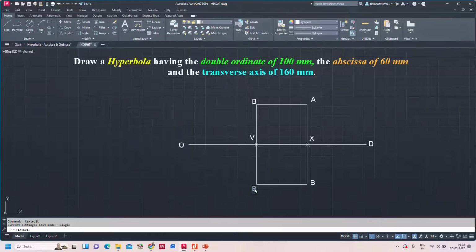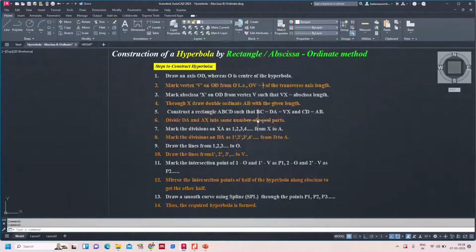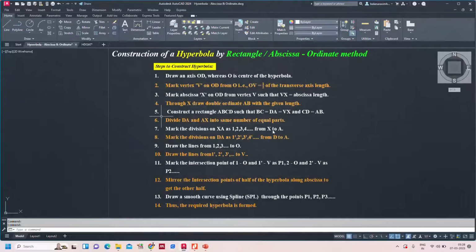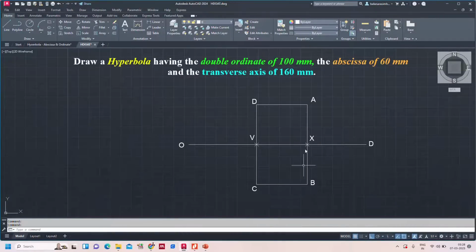AB, BC, and this is D. You can see, guys, such that BC equals DA, perfect. And then CD equals AB, perfect.